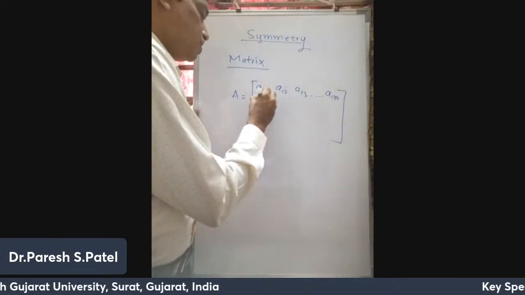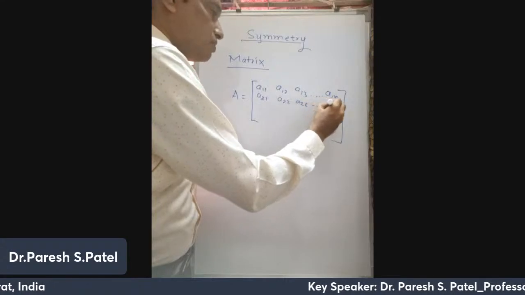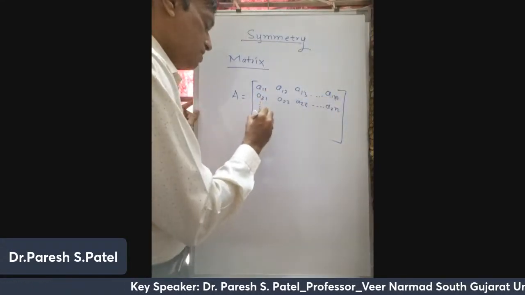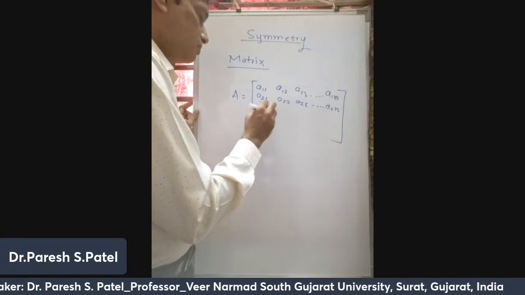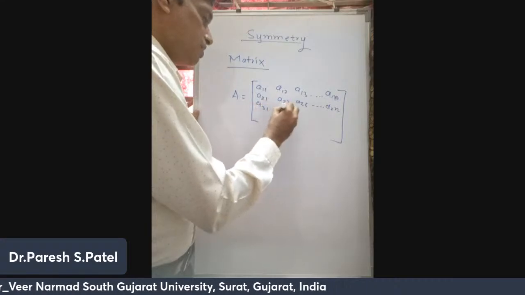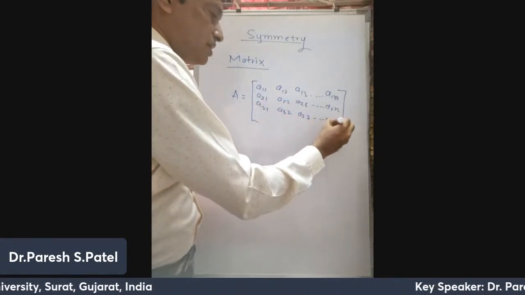Similarly, A21, A22, A23, and so on, up to A2N. Similarly, we can represent it as A31, A32, A33, and so on, A3N.